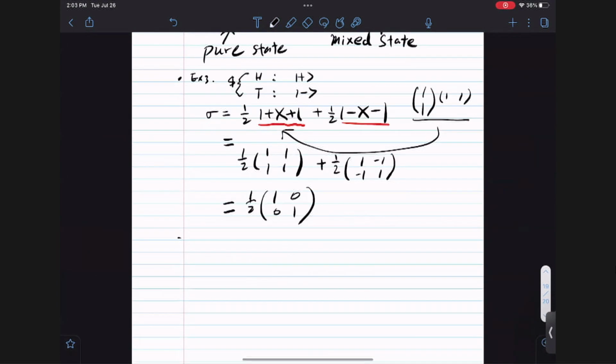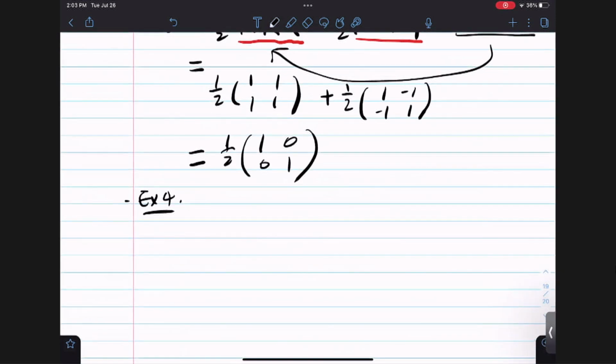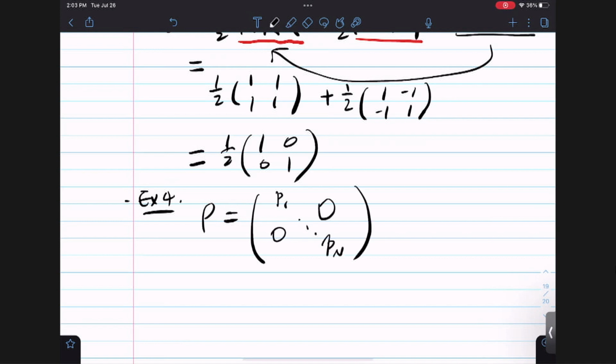All right, let's do another example real quick. Let me write down this matrix, with p1 through pn on the diagonal, where these pi's sum to 1 and each one is non-negative, and everywhere else is 0.